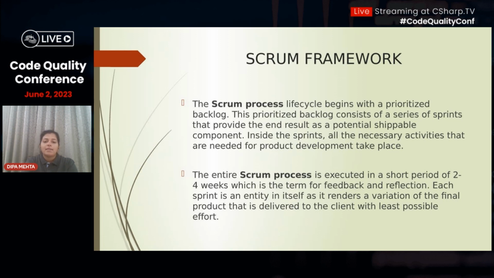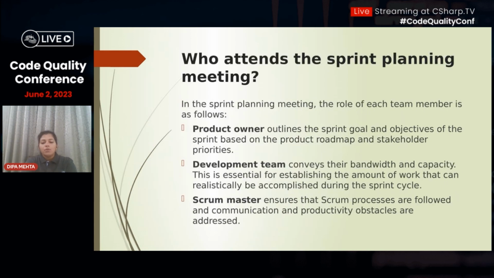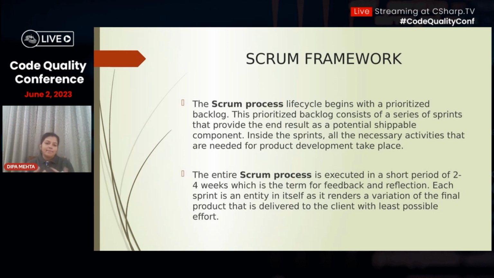Each sprint renders a variation of the final product that is delivered to the client with the least possible effort. Okay, so this is the technicality that I had explained here.